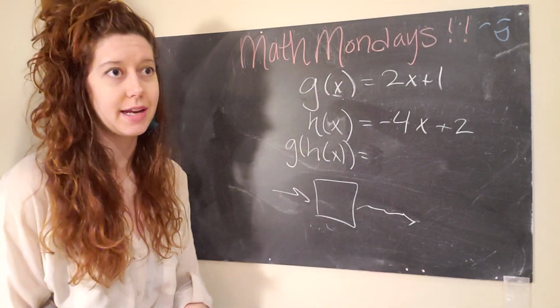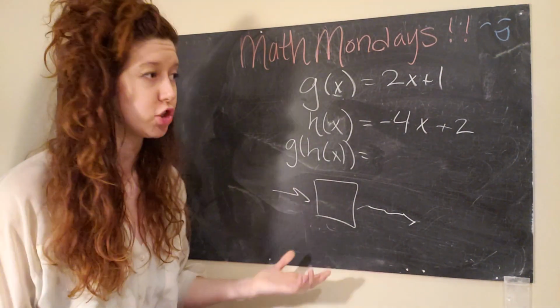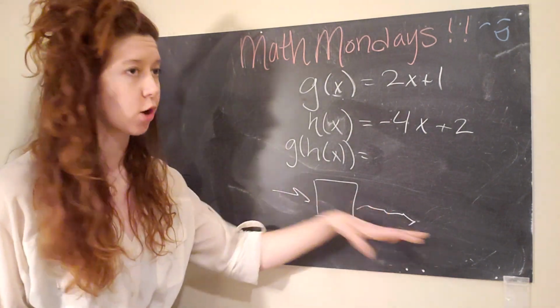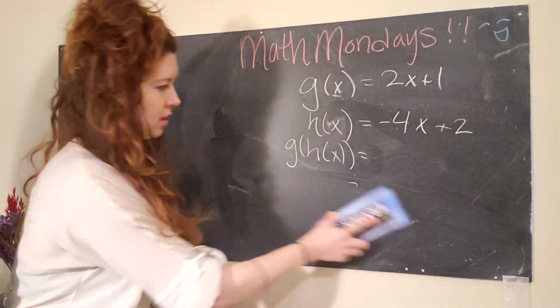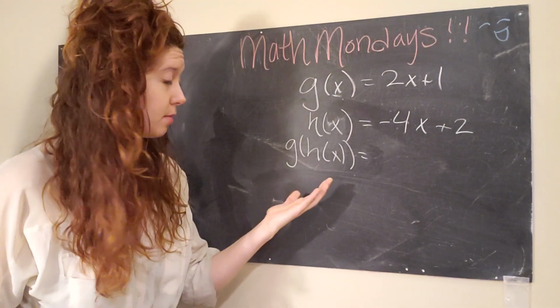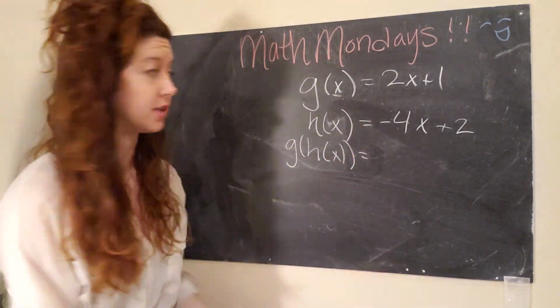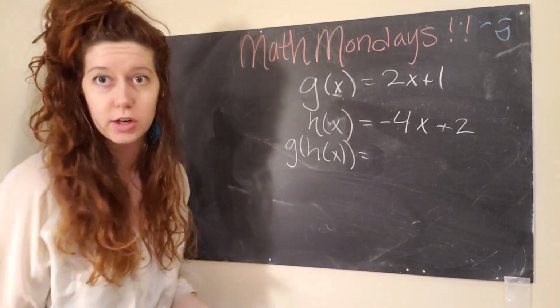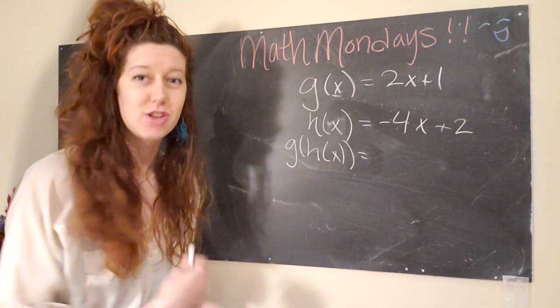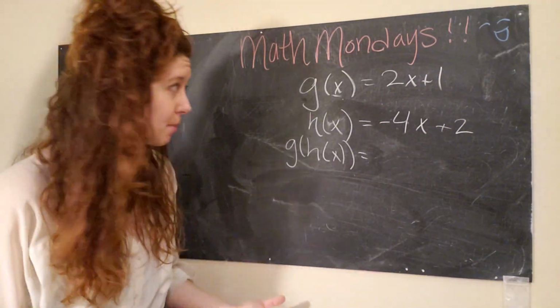A function is basically a mathematical machine that changes our input. And so we can actually plug other functions into a function, and that's totally fine. It just takes a couple of extra steps to simplify it.